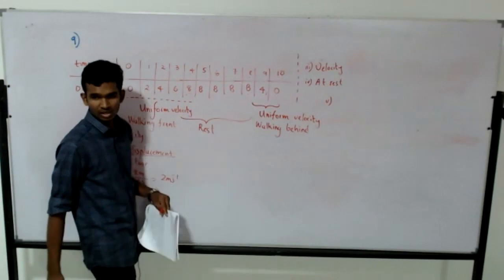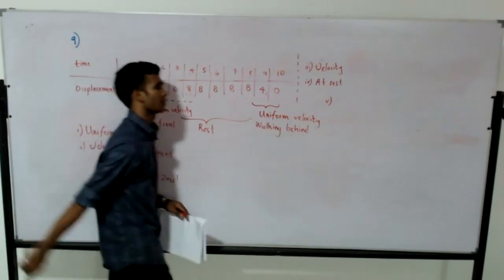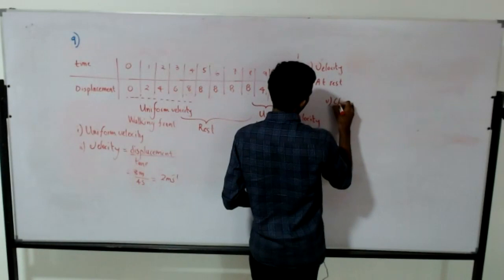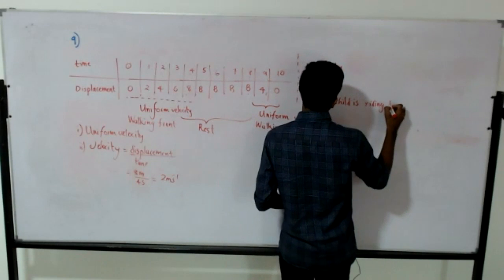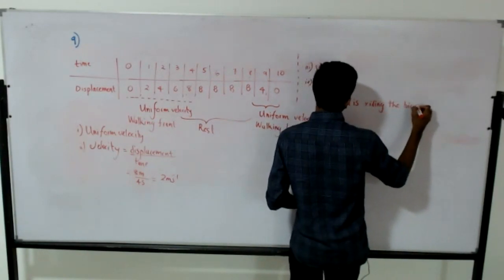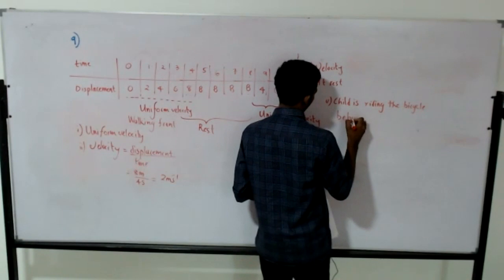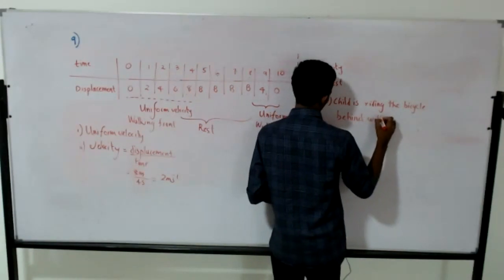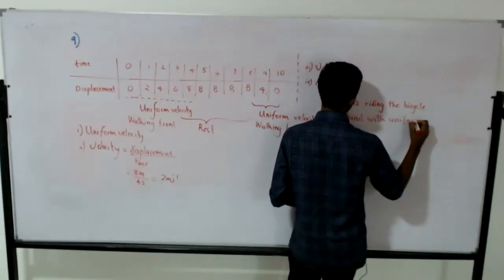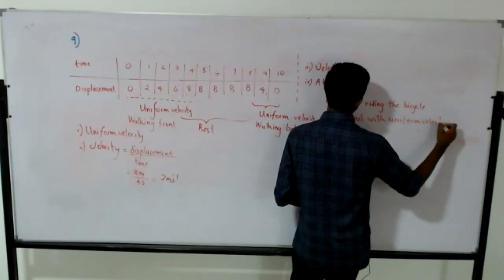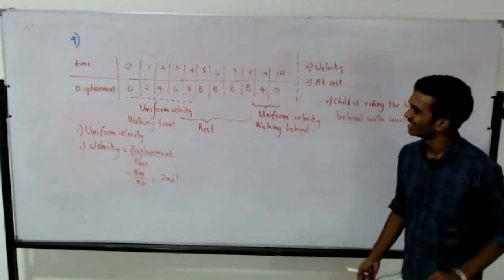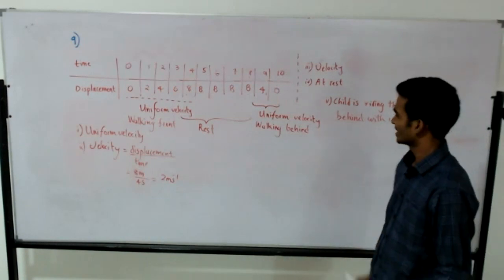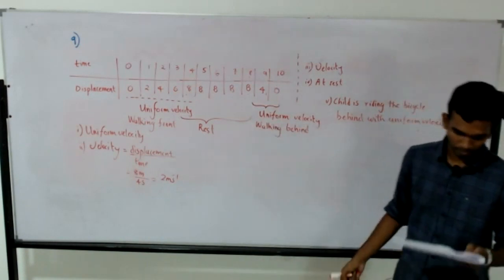Yeah, child riding a bicycle, but he is riding behind with uniform velocity, which you can never do. You can't ride a bicycle behind with uniform velocity. So the fellow is riding the bicycle behind with uniform velocity.